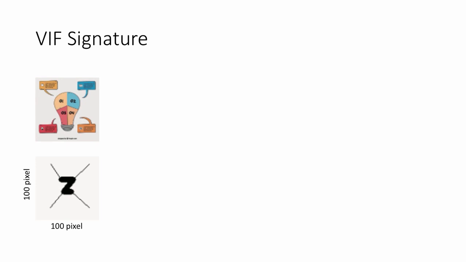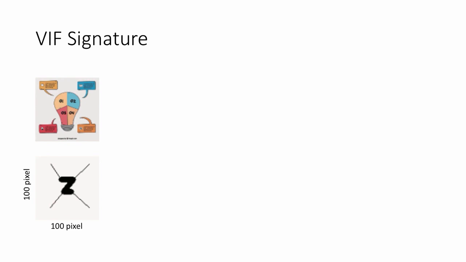So to explore the design space, we transform the visual information flow to a visual information signature. The signature is an image of 100 by 100 size. In this image, we draw the backbones with thicker strokes, and then we draw those group links with thinner strokes to make them a secondary feature.